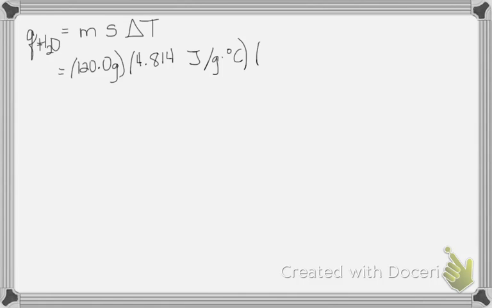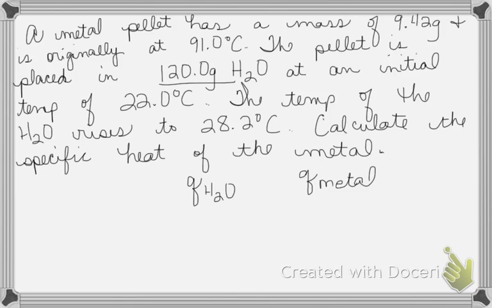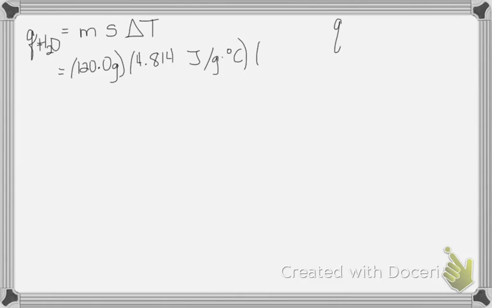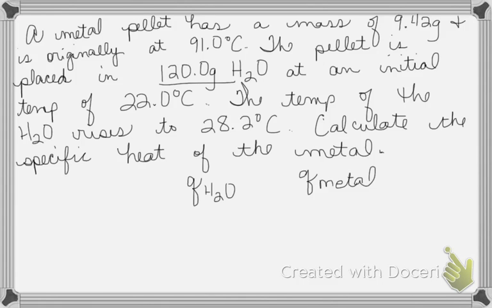In order to calculate Q for just the metal, what am I wanting to calculate in this problem? It says the specific heat of the metal. Well, I know that Q of the metal is equal to the mass of the metal times the specific heat of the metal, what I'm looking for, times delta T. If you look at what you're given in the problem, you're given the mass of the metal, 9.42.